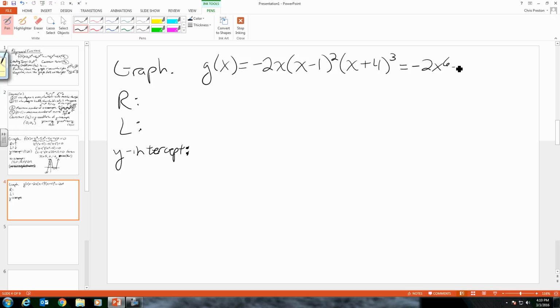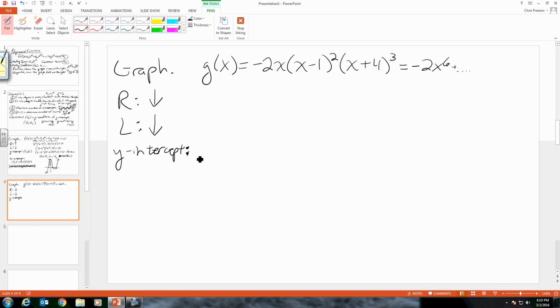And then it's going to have some other terms there, x to the 5th, x to the 4th, whatever. But this is telling me on the right-hand side, it's going down. And the fact that this is x to the 6, an even power, the left-hand side is going to match. So anytime that highest power term is even, it's always going to be matching left and right. So up and up or down and down.